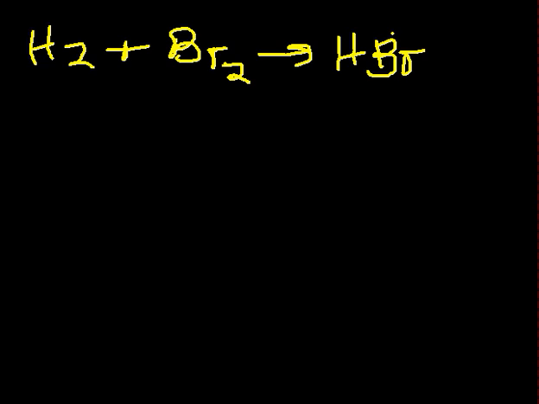As you can see here, we have 2 hydrogen atoms in the reactant side, and only a single hydrogen atom in the product side. In the same case, we have 2 atoms of Br in the reactant side, and only one atom of Br in the product side. So hence the reaction is not balanced.